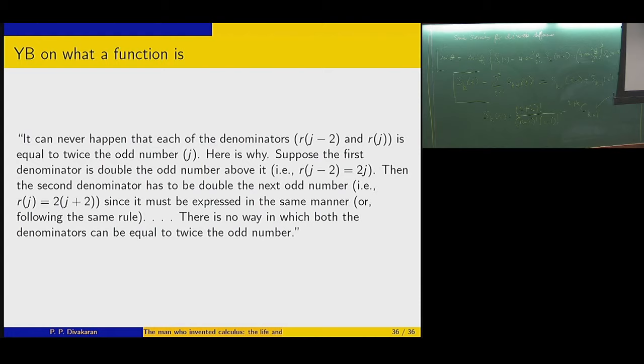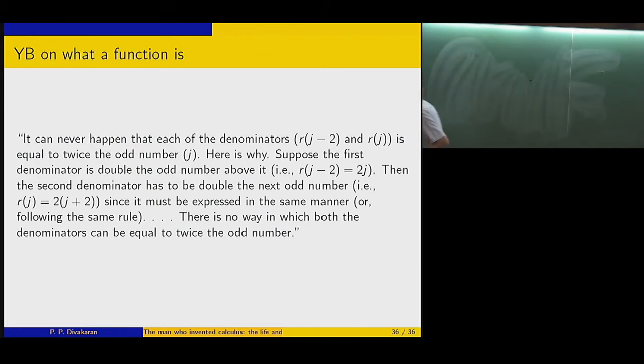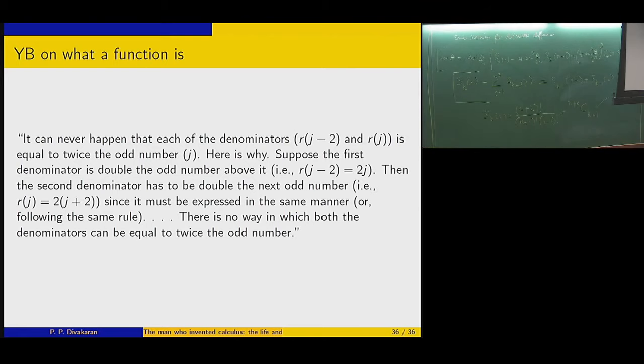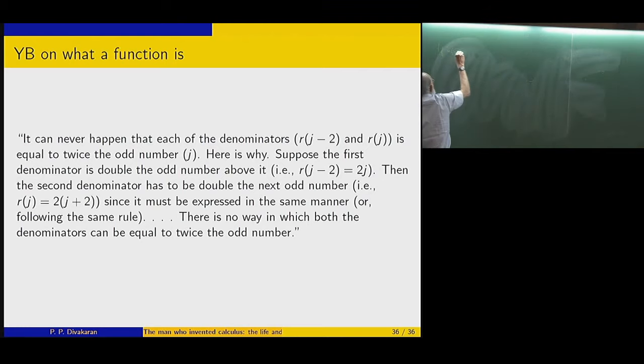Yukti Bhasha says, if Rj and Rj minus 2 were equal, and equal to 2j, then of course you have solved this equation.